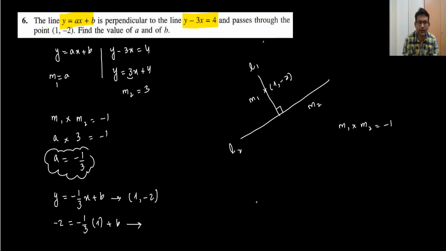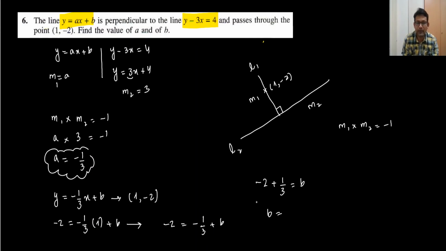Now you can find the value of b: -2 = -1/3 + b. The whole value will shift to the left hand side, -2 and plus 1/3. Normally, the Add Math students can use calculators, so there is no problem.